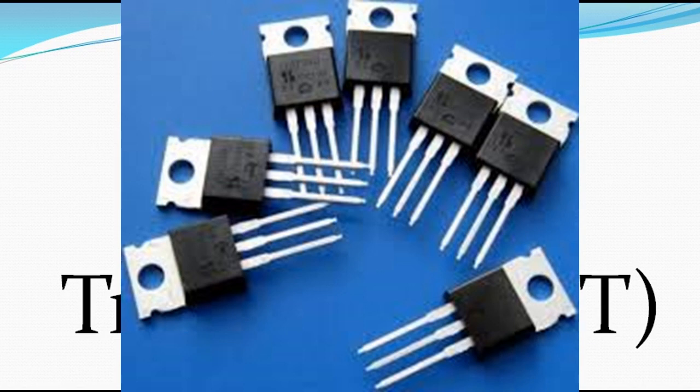That is the reason why we say the BJT transistor has low impedance. And why? Because the resistance it offers is very low, so it will allow a large current to pass through it, and that is what I mean by that.